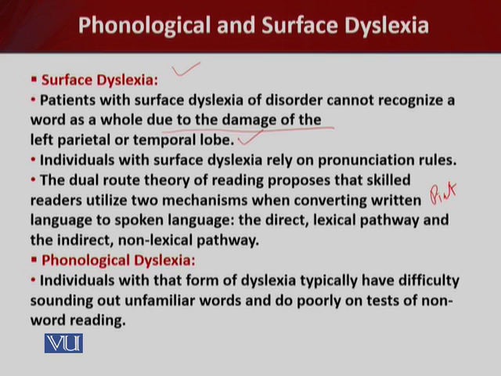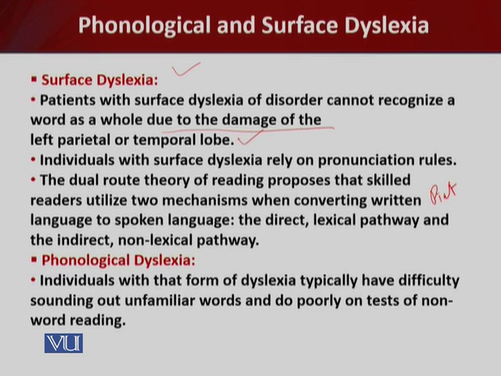Then we have phonological disorder. Individuals with this form of dyslexia typically have difficulty sounding out unfamiliar words and do poorly on tests of non-word reading. Students can't break down the individual sounds of language, which is phonemic awareness, and match them with written symbols.